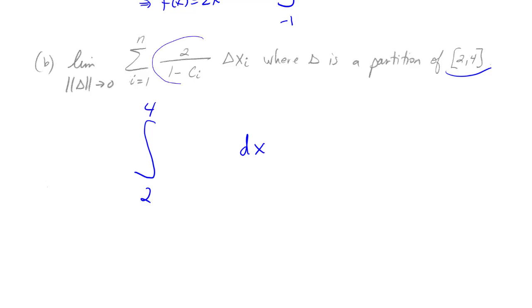And the function, if this is f of ci, then basically f of x would just be ci replaced by x. So 2 over 1 minus x dx. And that would be our definite integral.